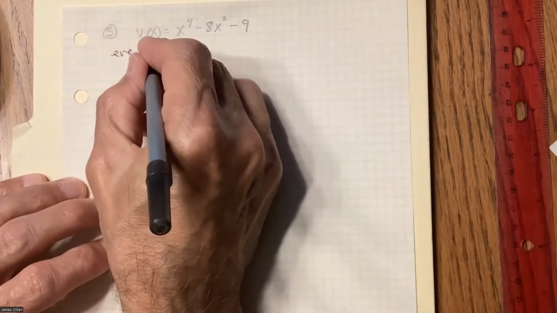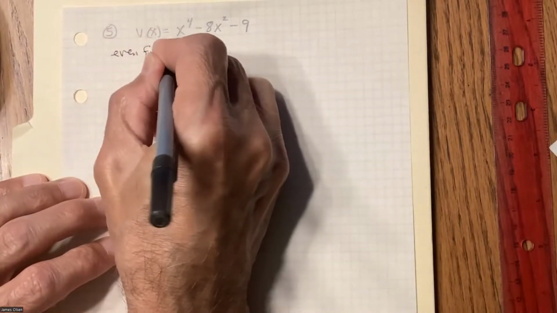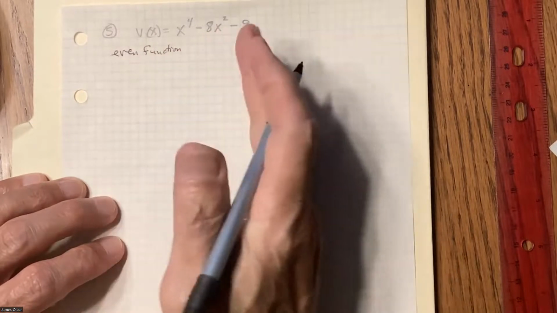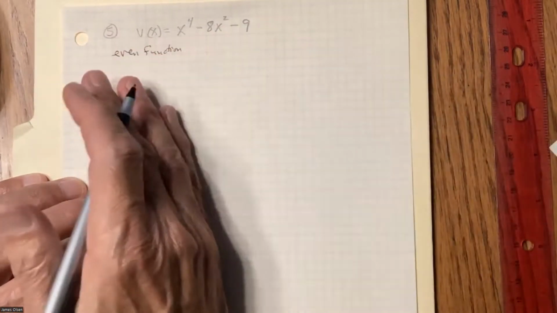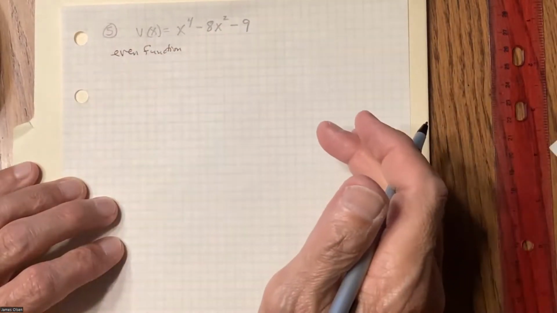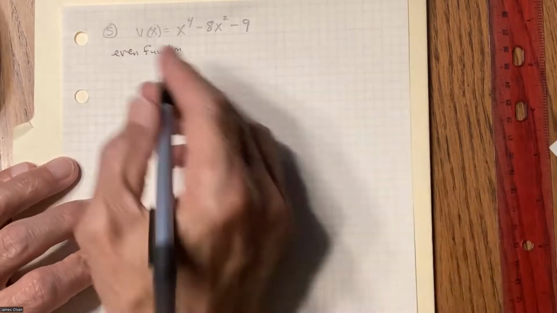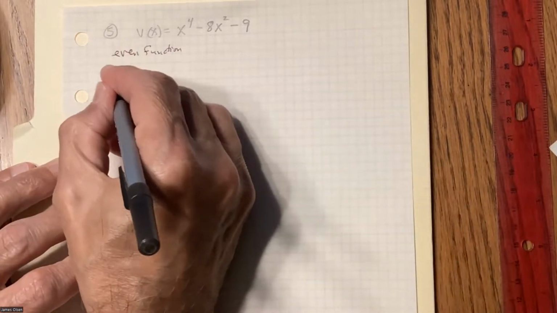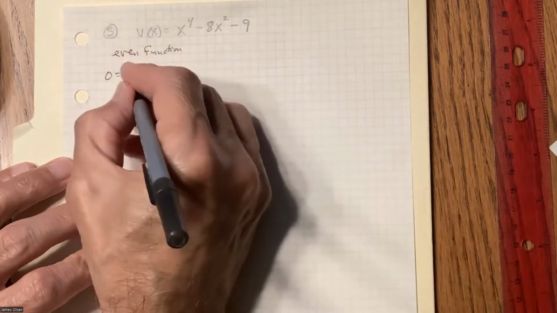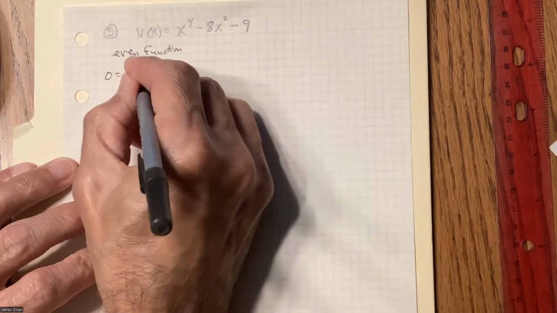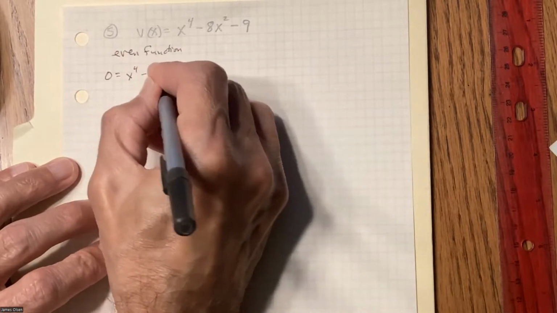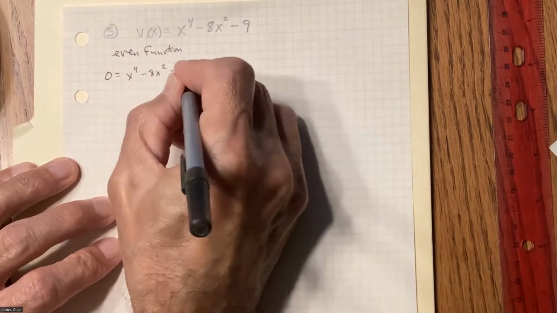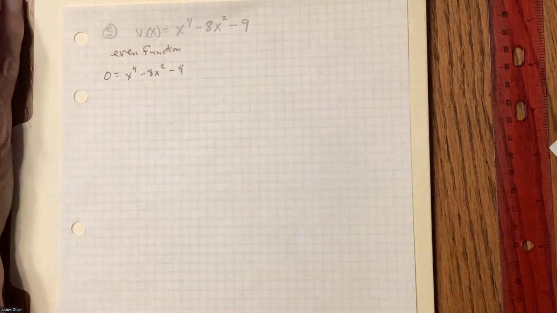This is an even function, so everything to the right of the x-axis will be mirrored to the left of the x-axis. If we set the original function equal to 0 and factor, I did pick one that factors nicely.